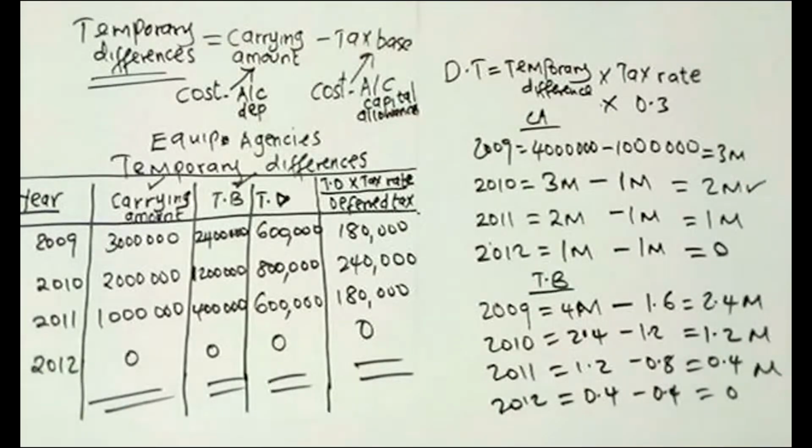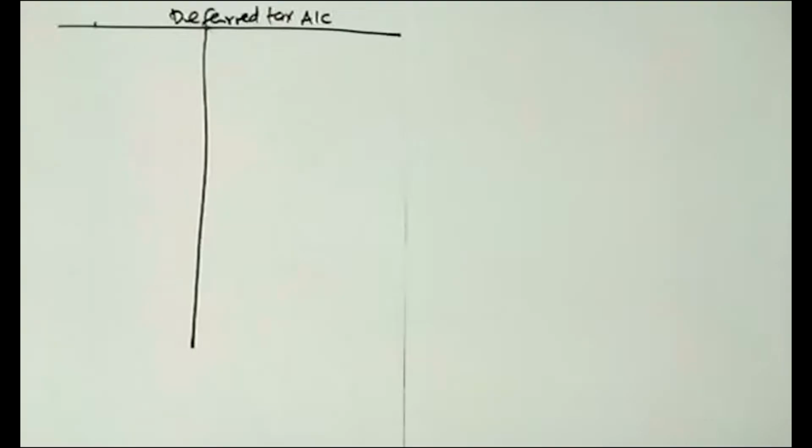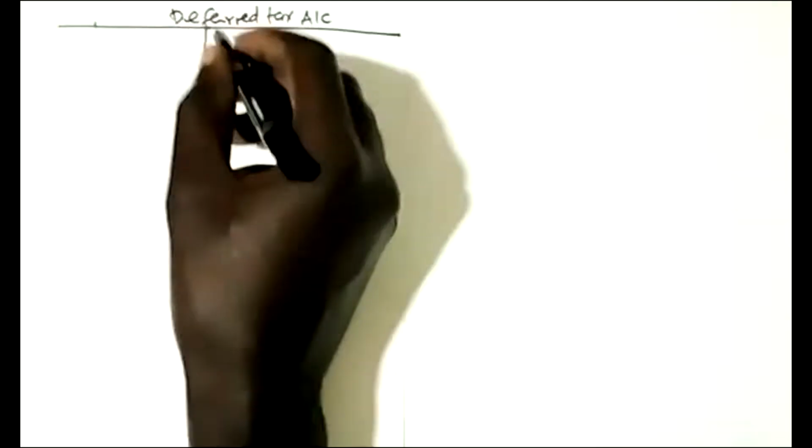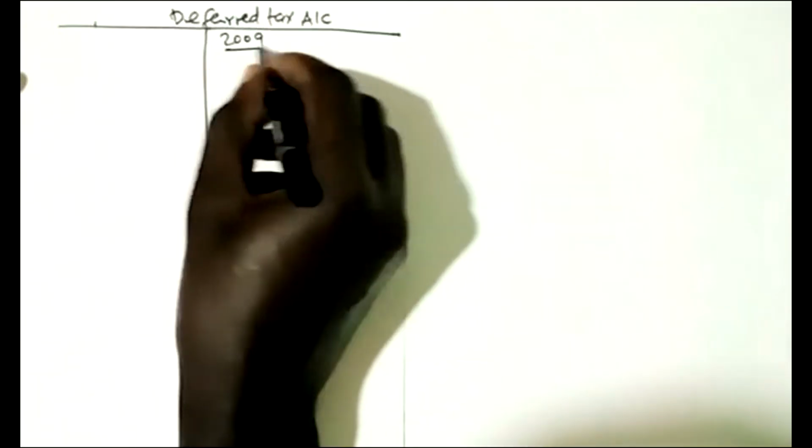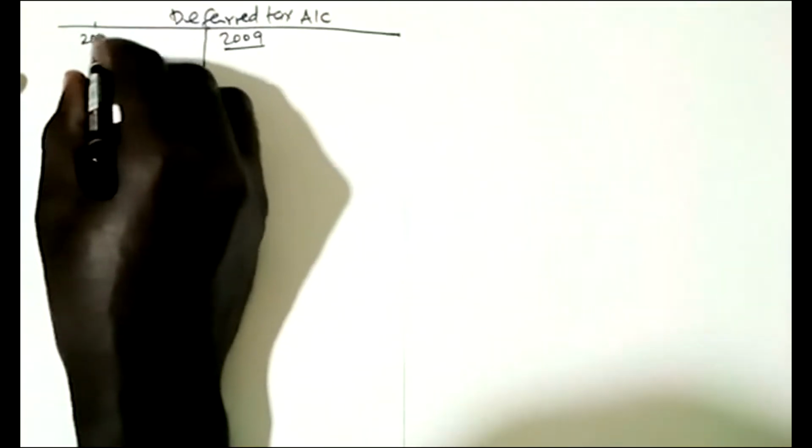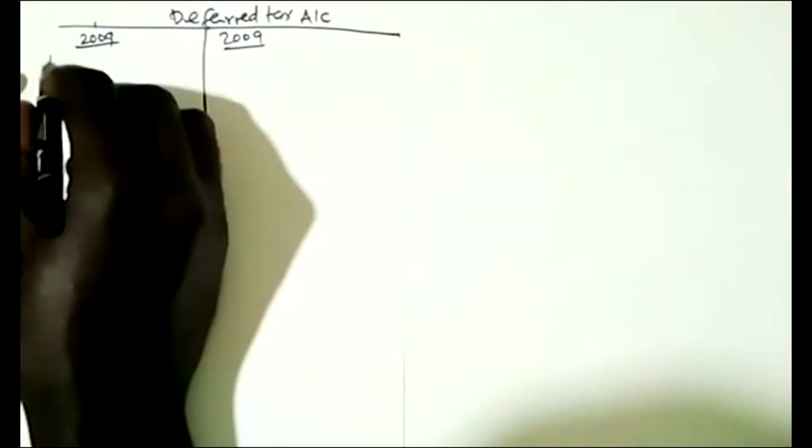We do the account. That's all. The topic will be over. The last part of the question is all about the deferred tax account. So you start from 209. The year was starting 209, so my balance brought down here.